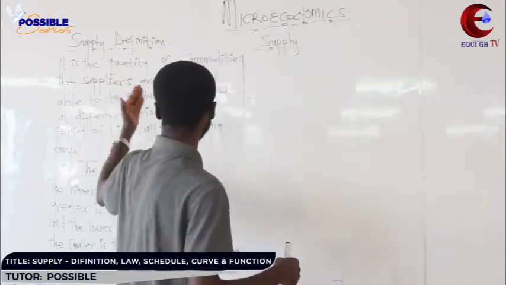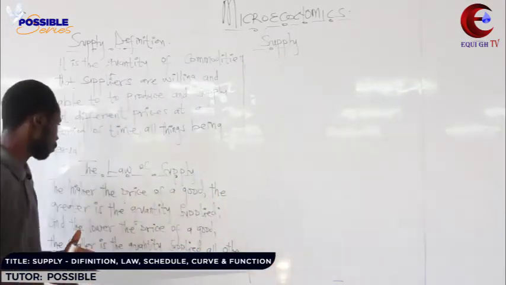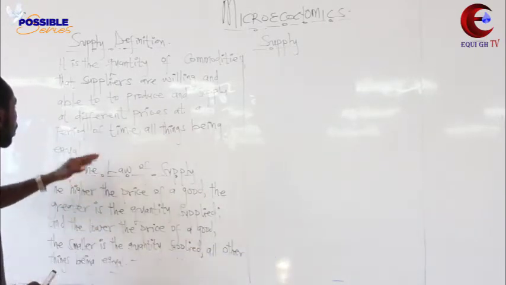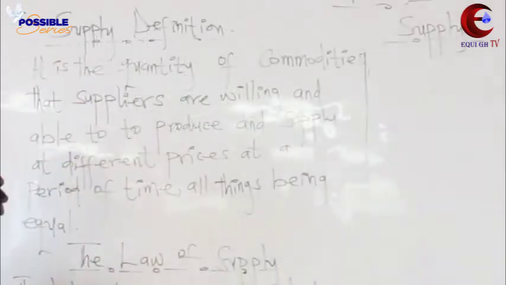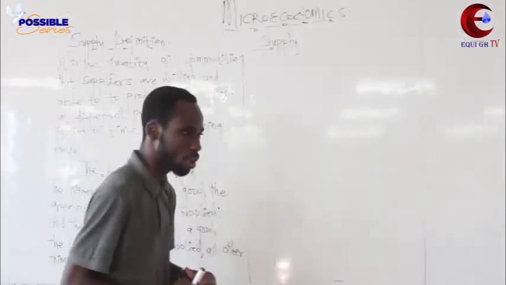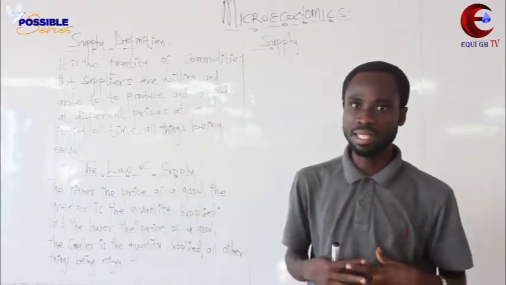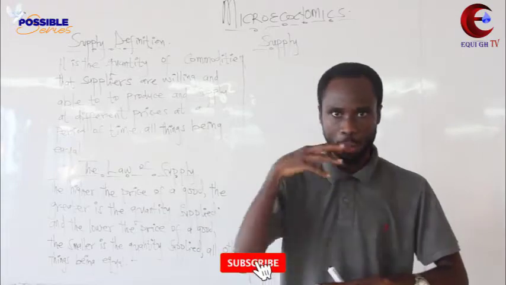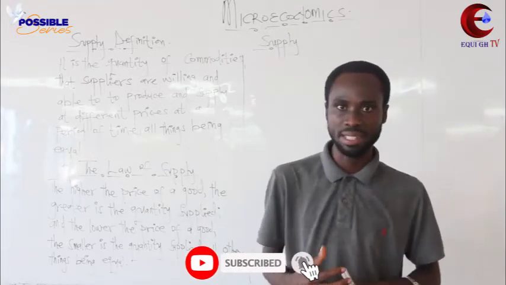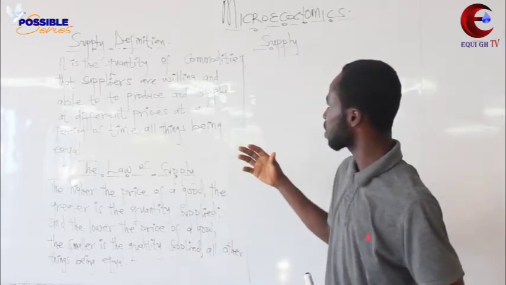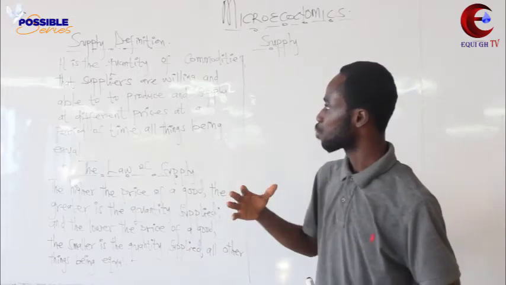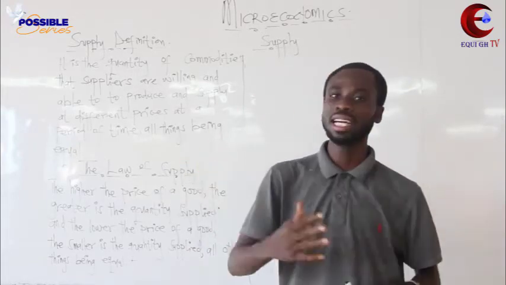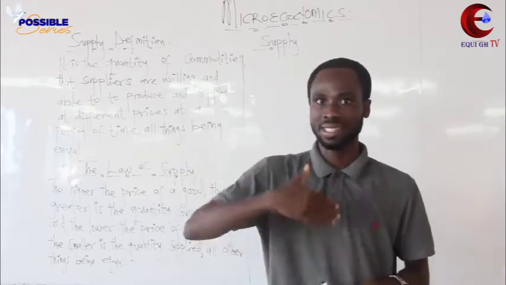So we are starting with the definition of supply. Supply is the quantity of commodities that suppliers are willing. Under the concept of demand, we said that demand focuses on the buyers, consumers or customers. But for supply, we are going to look at suppliers, producers or sellers.